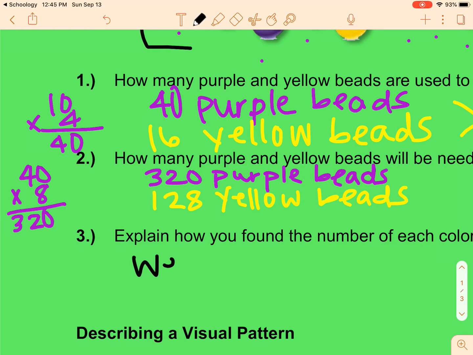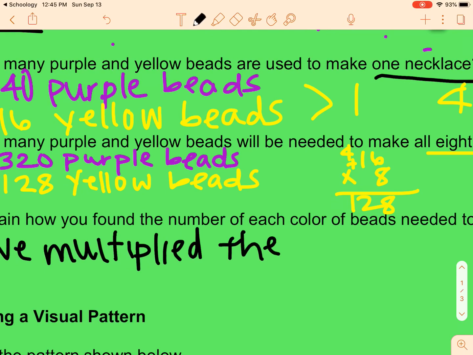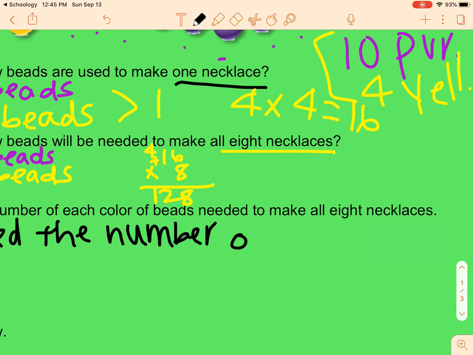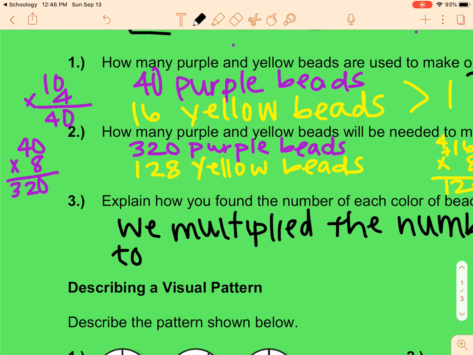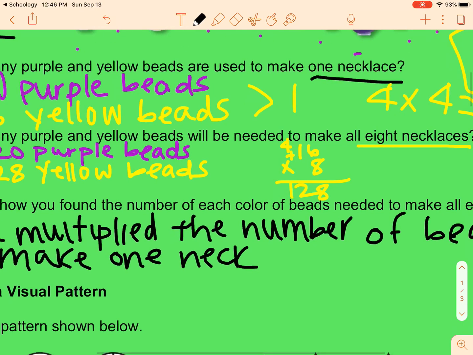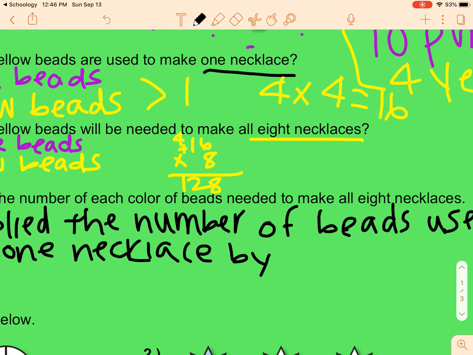We multiplied the number of beads used to make one necklace by 8.